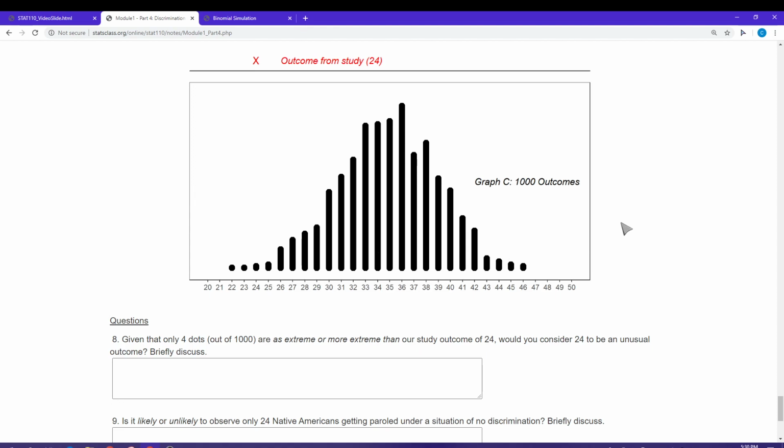Now, our goal with these reference distributions, again, is to determine which values are likely from which values are unlikely. We do not concern ourselves with what is possible. In fact, anything on this reference distribution is possible. It is possible that I would not see any Native Americans being paroled, even under a fair situation.